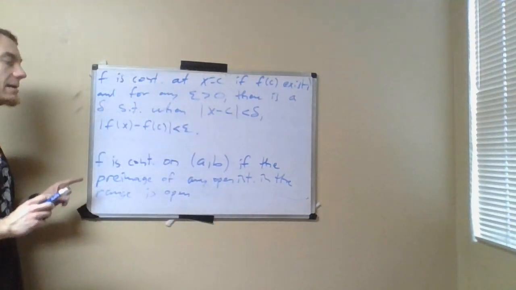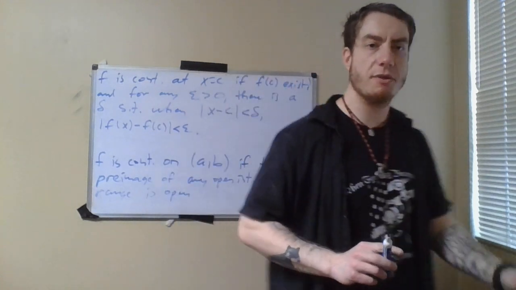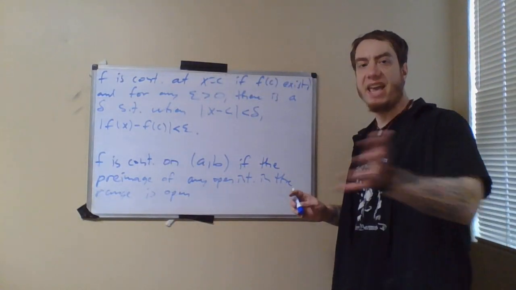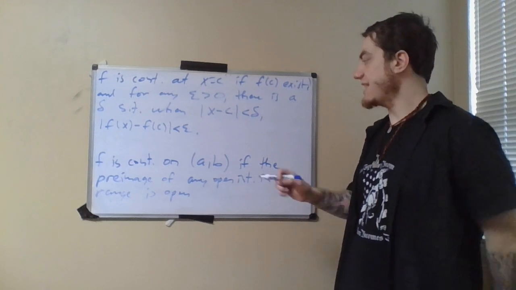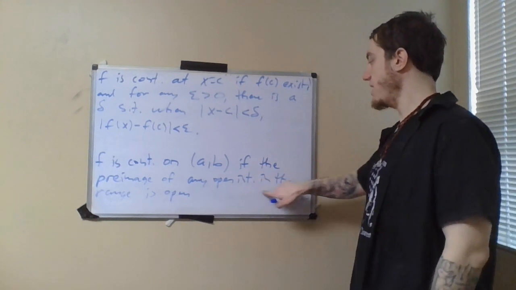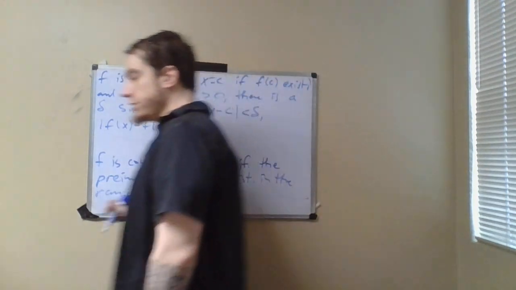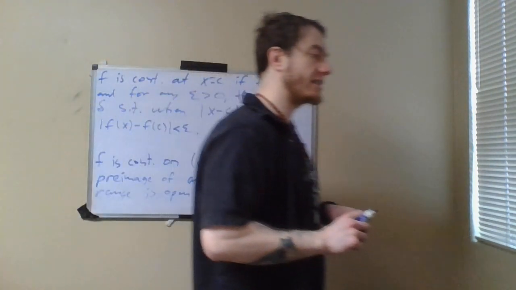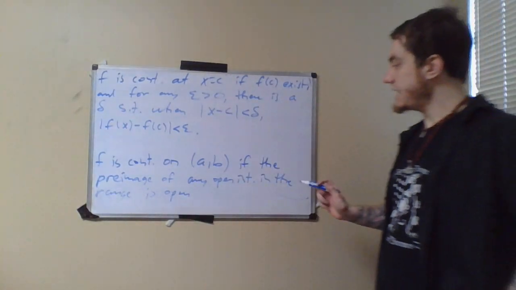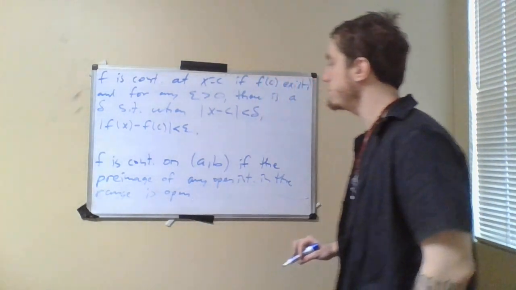So what is a preimage? Well, a preimage just means all of the points that f takes into that interval. And so it's everything that gets sent into that interval. And so if every one of the preimages of open intervals is open, then it turns out that the function itself is continuous.